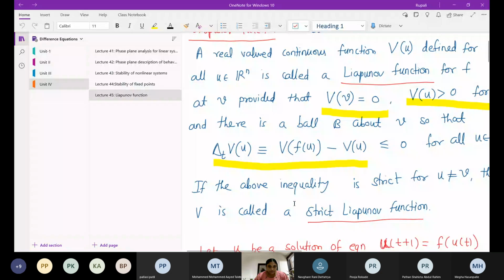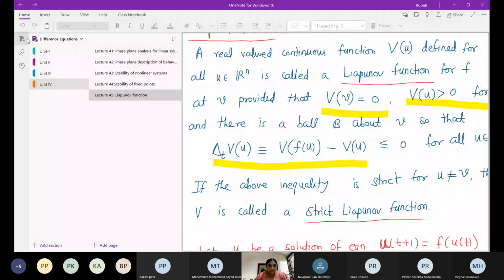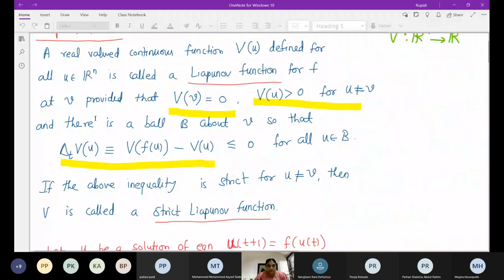Yes, so in the previous lecture we have seen the Lyapunov function. Just recall it. What is a Lyapunov function? Let v be a fixed point of f.